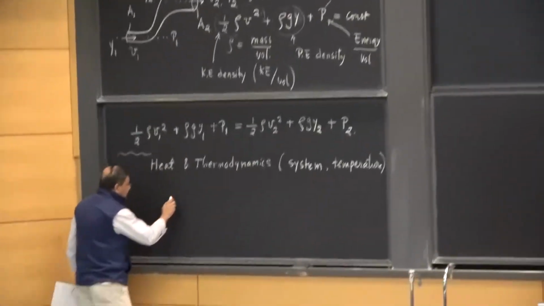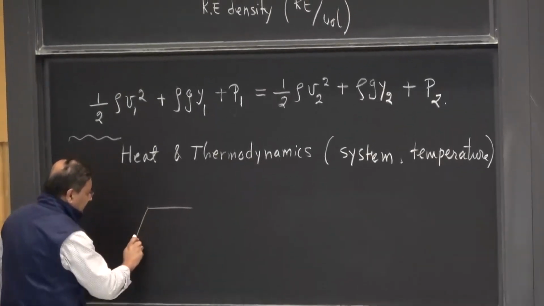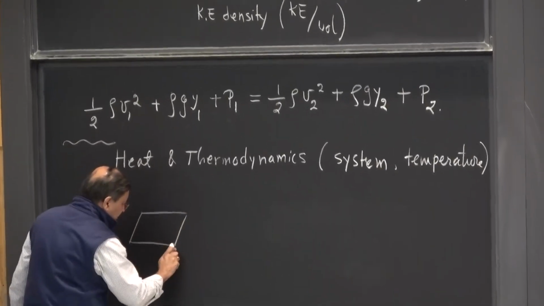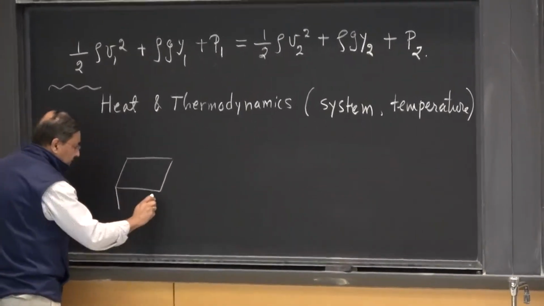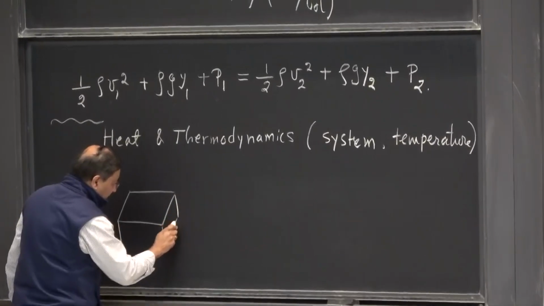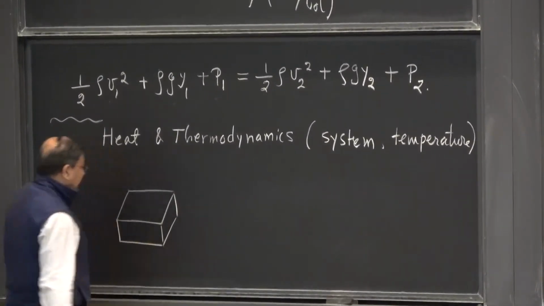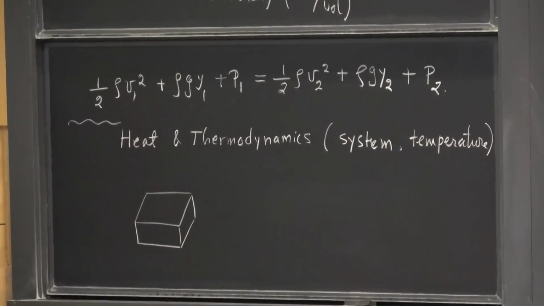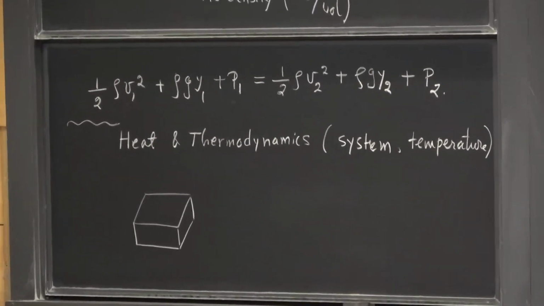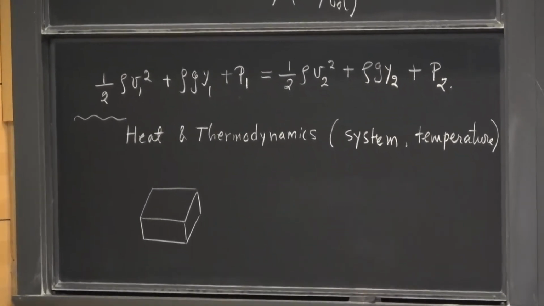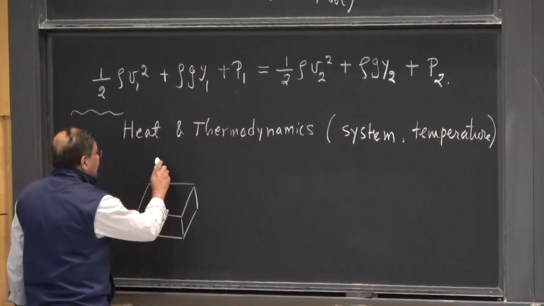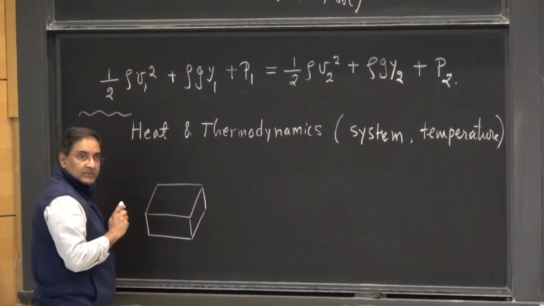Let's say I take a container. I'm going to do an experiment here, a thought experiment, not a real experiment. This is a container, and I stuff some gas inside this container. And very soon I'm going to ask you a question, so get ready for it.